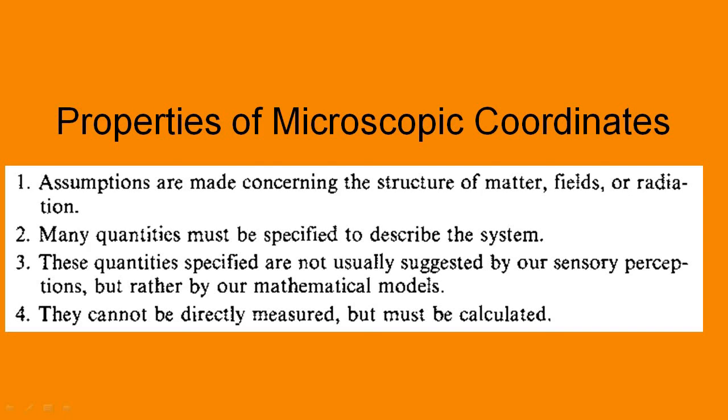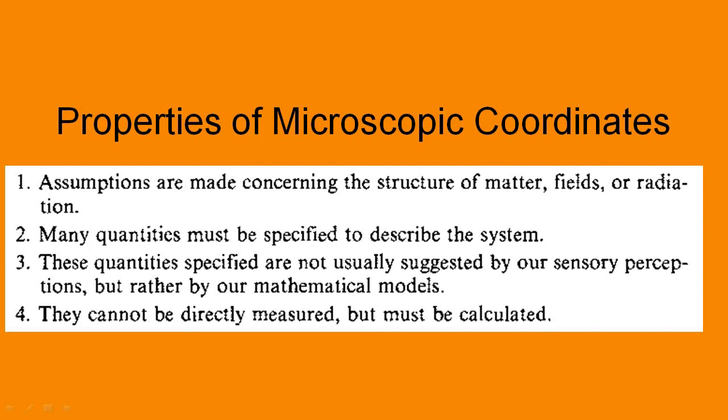As I have already mentioned, for a system you have so many molecules moving with different velocities. So what you are considering is some most probable speed or root mean square speed, etc. And this root mean square speed cannot be directly measured by our sensory perceptions, because you can't see the molecules, and you would have to measure each and every molecule's velocity and take the average.